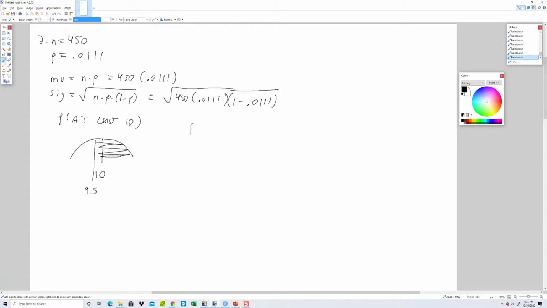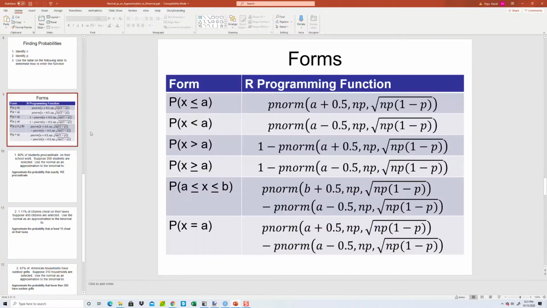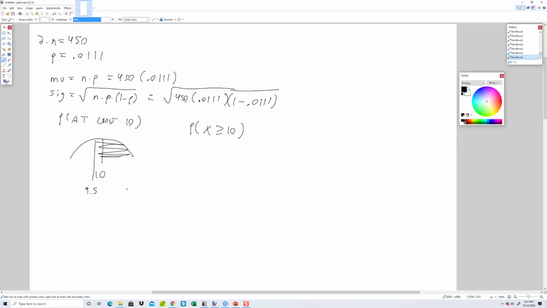Now, if you just recognize at least 10 means x is greater than or equal to 10, you can just look at the table I gave you. X is greater than or equal to would be this case right here. So A would be 10.